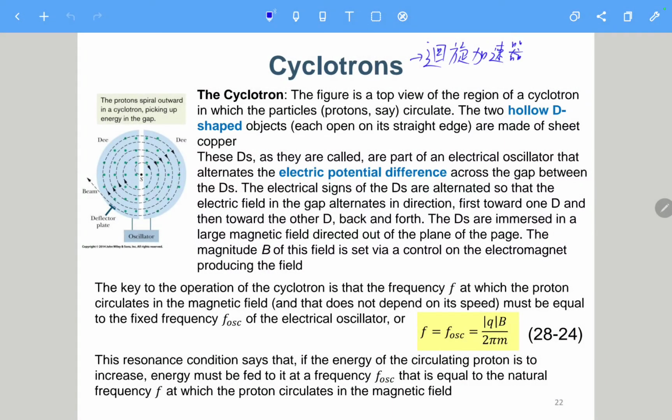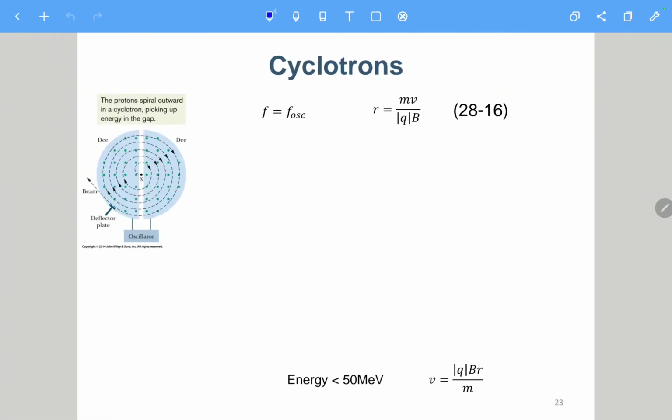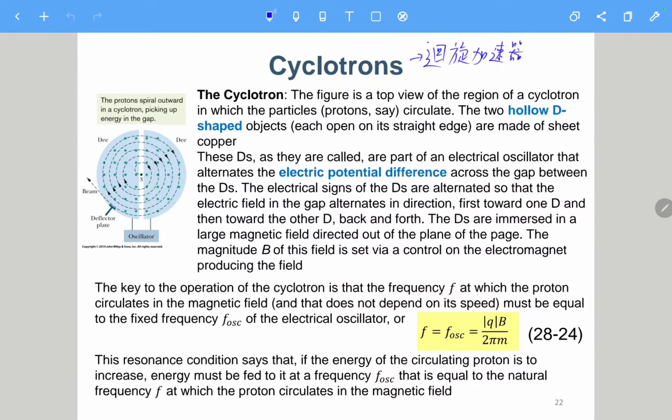Okay, I went quite far away, so let me come back. Here, this is a fundamental cyclotron. Of course, it cannot accelerate the particle too much, only up to 50 MeV, but the mechanism of the synchrotron is related to what we learned so far. So here we'll introduce it.